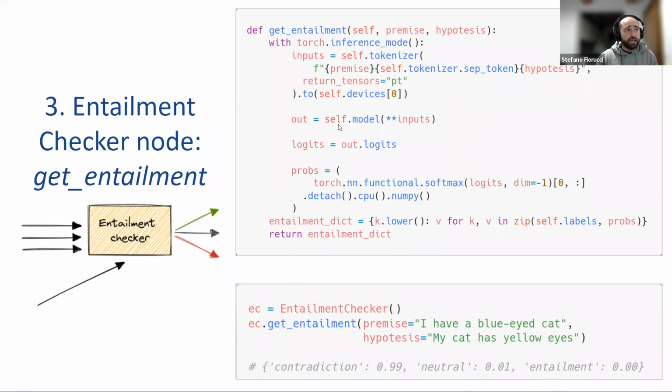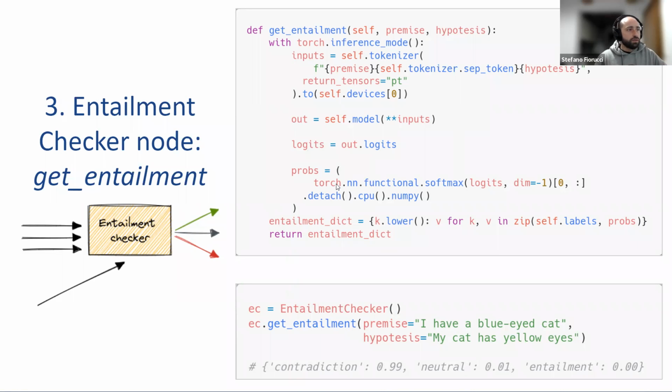Then we make a forward pass of our model, and we get some output, and this output contains the logits, so the unnormalized probabilities. But we want normalized probabilities summing into one.